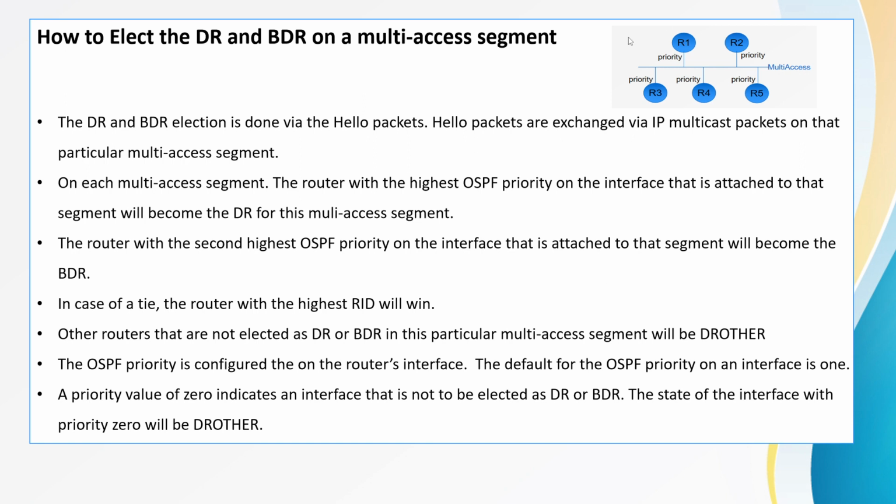In the top right-hand corner, I show a small diagram, where I put the priorities under each interface. So the DR and BDR election is based on the priority on the router's interface that's attached to the multi-access network.